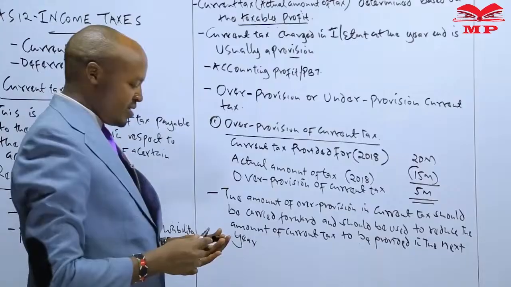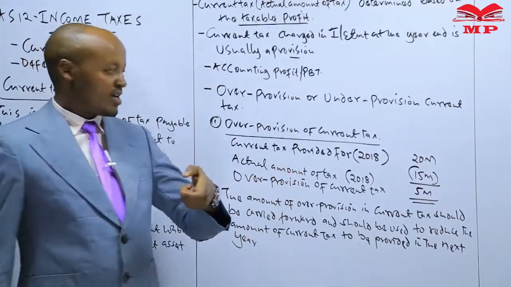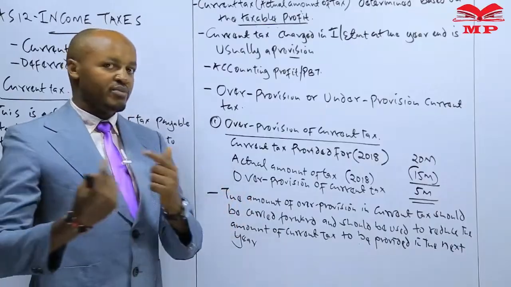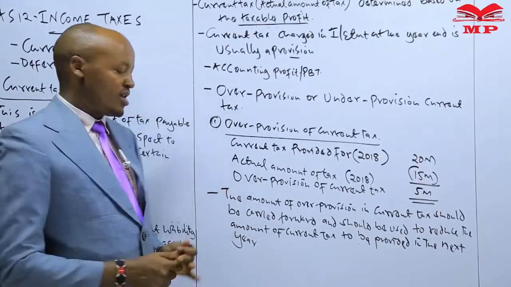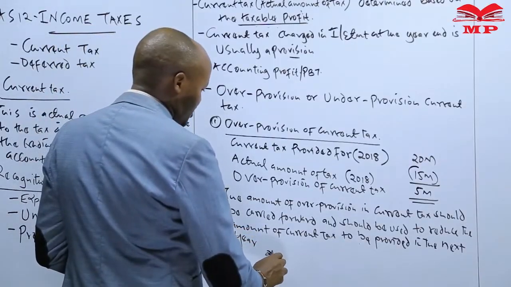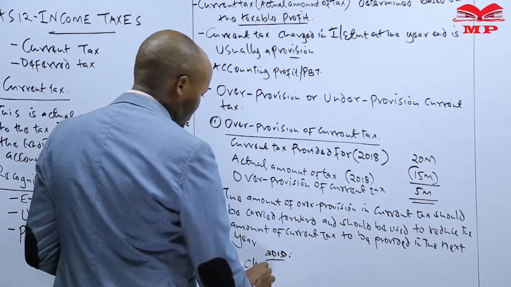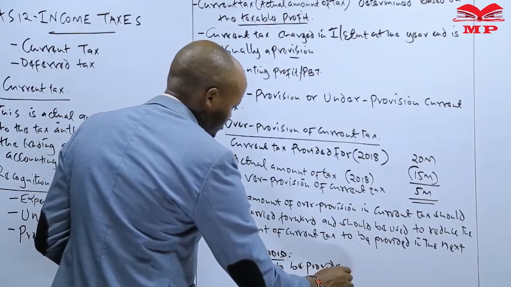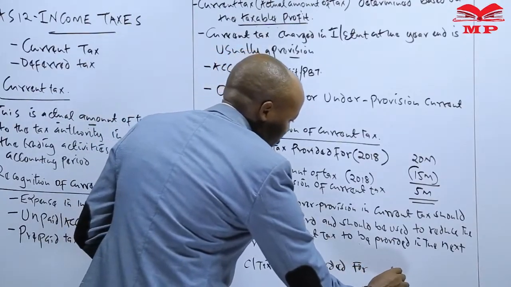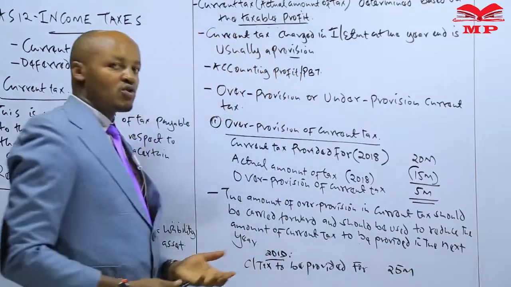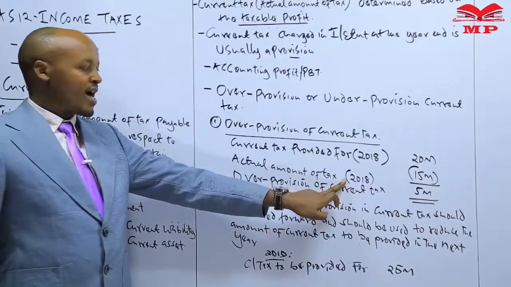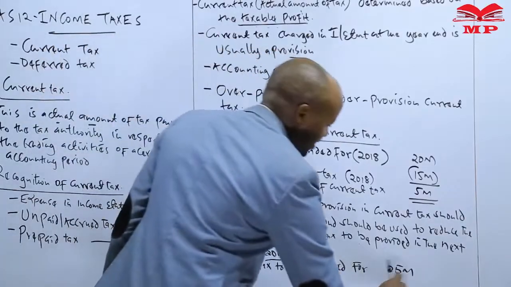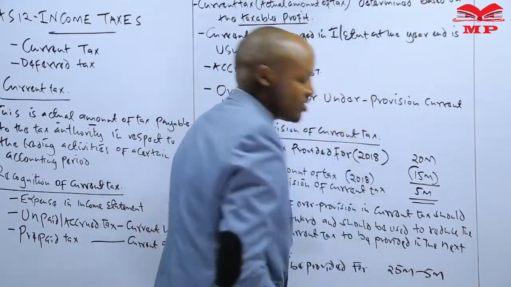So if, for example, in the year 2019 the company makes a current tax provision of something like 25 million, this over provision in the previous year will be used to reduce that particular provision. Because in the previous year, 2018, we had an over provision of 5 million, that over provision will be deducted, or used to reduce the amount to be provided for.